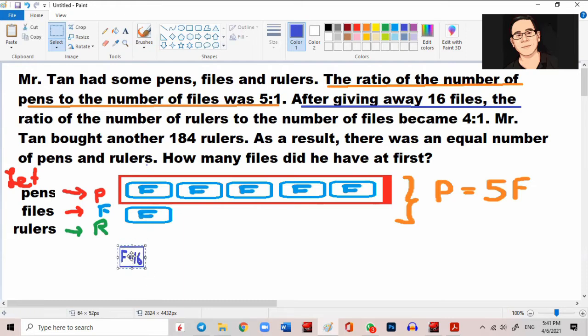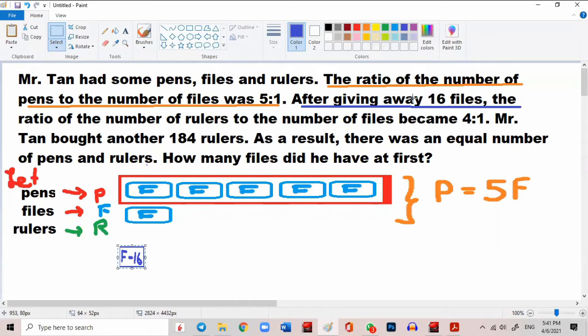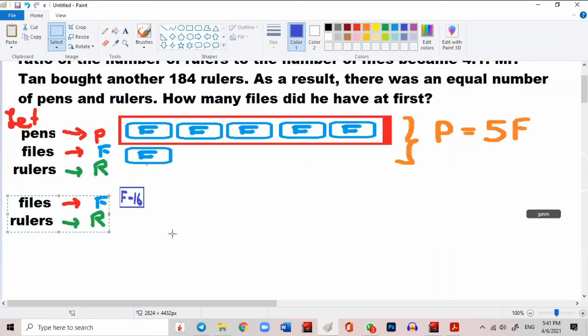So after giving away the 16 files, the ratio of the rulers to the files becomes 4:1. Now that file is no longer called F. If you compare files versus rulers, the files is not the original files.